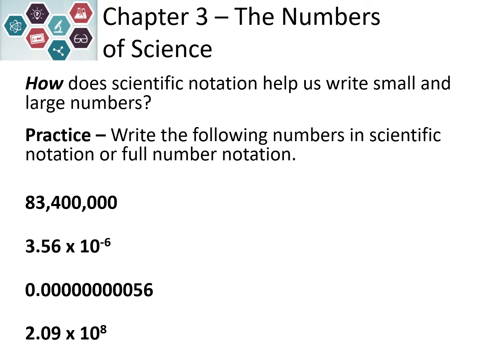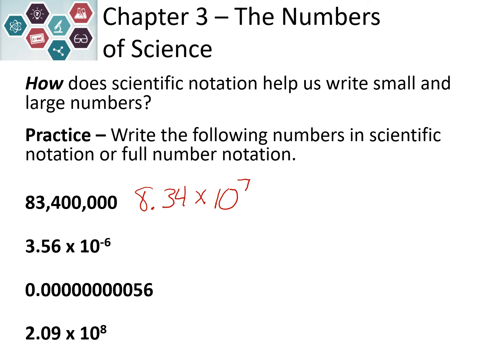All right, so for our 83,400,000, we want it between 1 and 9.9. So it's going to become 8.34 times 10. We're going to the left, so it's going to be positive 7.